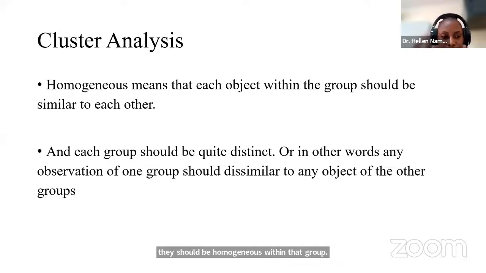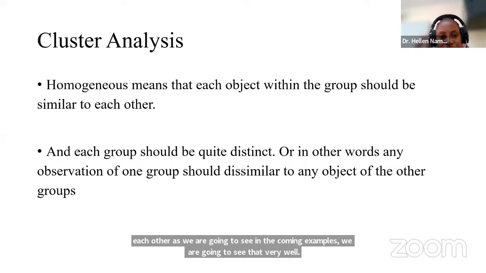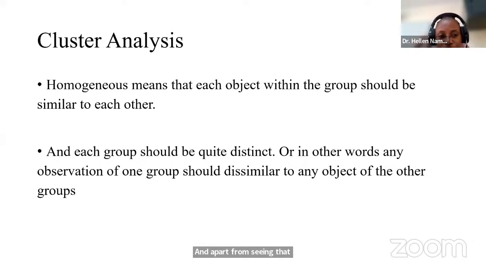Homogeneity implies that each object within the group is similar to the others, as we are going to see very well in the coming examples. And apart from everything inside a group being similar to each other, the groups also have to differ from the other groups. So each group should be quite distinct.